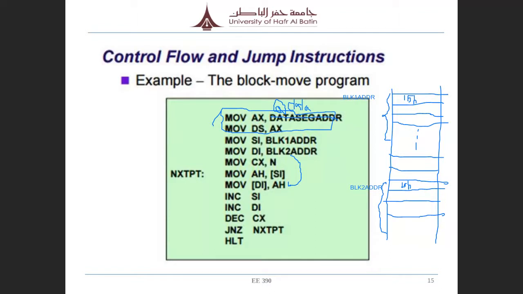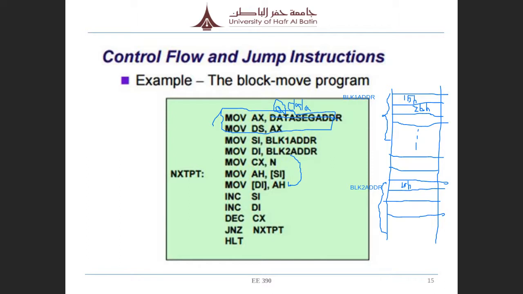That's why we again increment SI, because we have to go to the next memory location. We have a set of data, it's not just one data. It may be 10 data, 5 data, 6 data, something like that. Our next data is, for example, 26h. So SI was indicating the offset address of the first data.